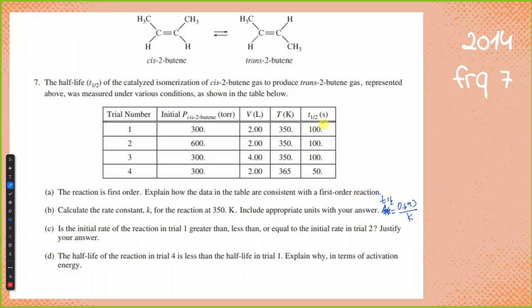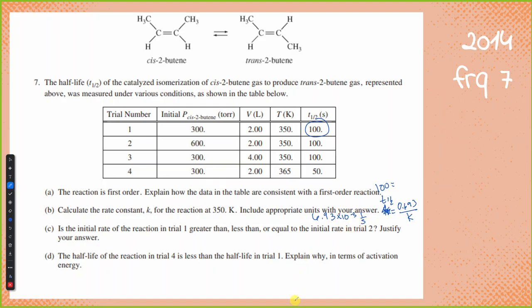And then you would just put in the 100 seconds here, and you can calculate K. So 0.693 divided by 100 seconds, that's 6.93 times 10 to the minus 3. It's first order, so 1 over seconds.